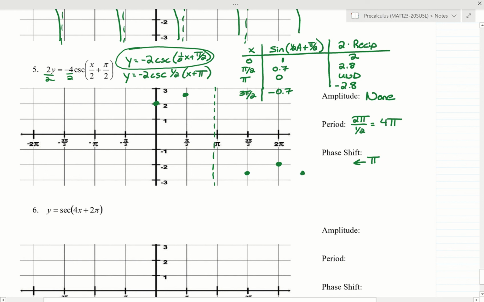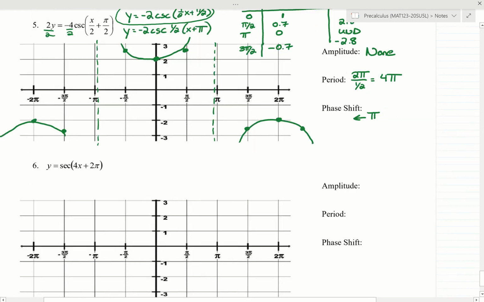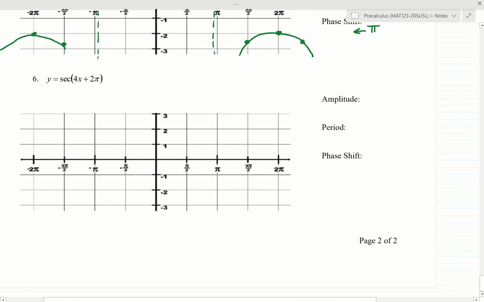Because we know what the shape of cosecant looks like. We could start figuring out the pattern of the graph. Negative 2.8, negative 2, something like that. Cosecant, remember, looked like a parabola. Alternating parabolas. Okay, and that's what we get.